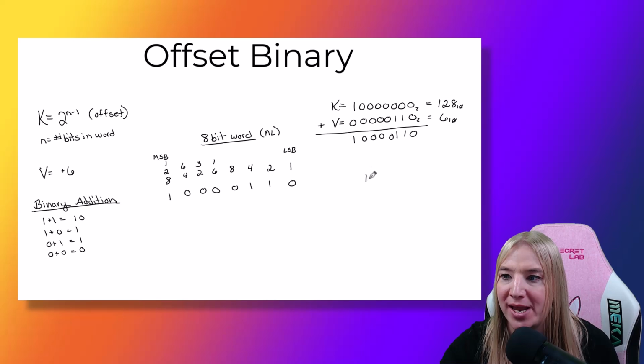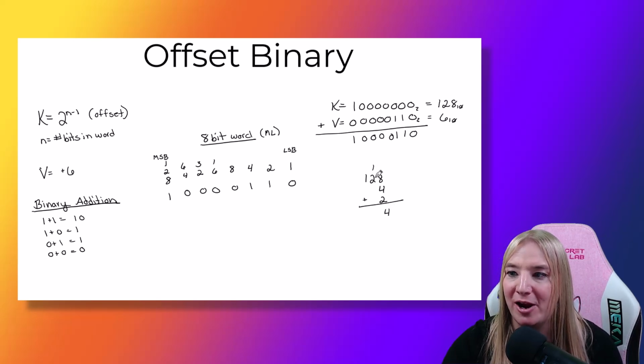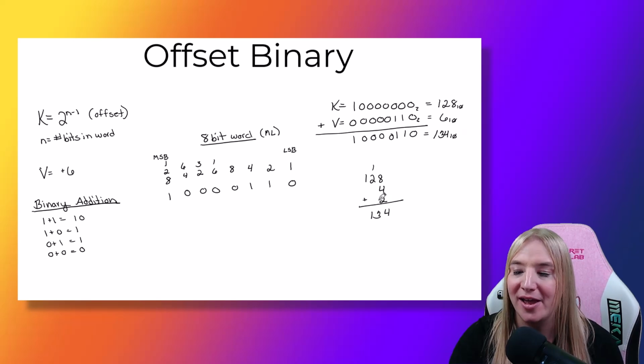So we have 128 plus 4 plus 2. If we add all these up, what do we get? We get 134. Just making sure my math is right. I am tired today. So basically, this number here is equivalent to 134 in base 10.